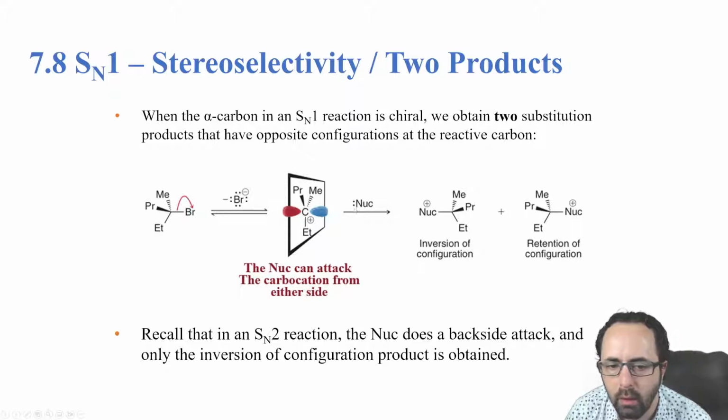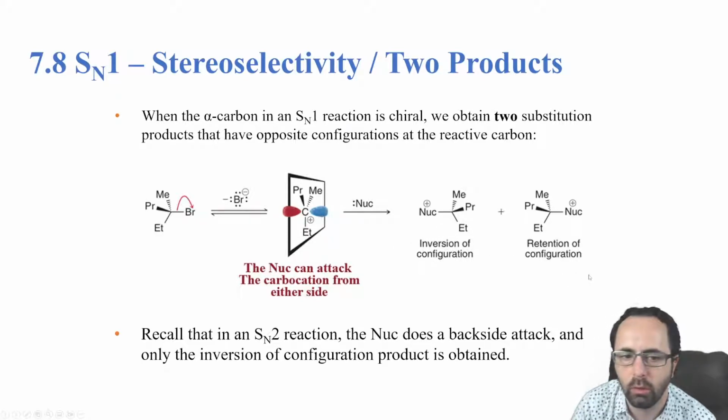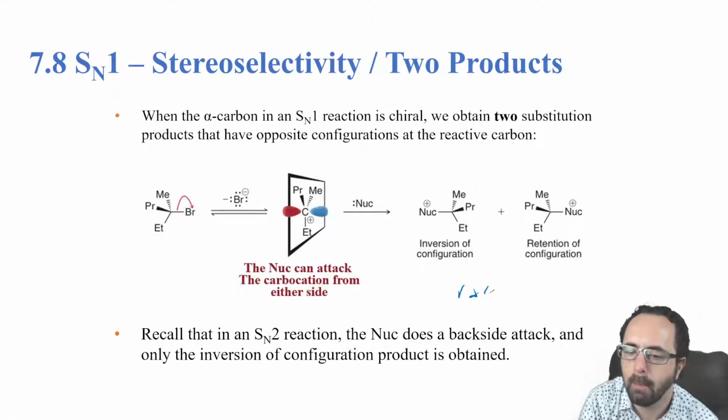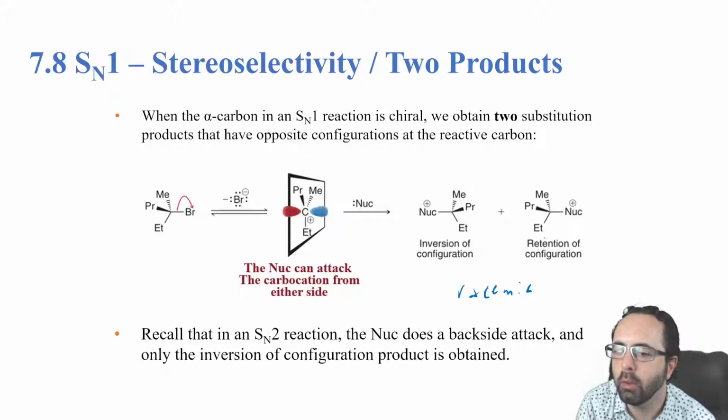And so when the nucleophile attacks, unlike with the SN2 mechanism where the nucleophile can attack only from the backside, here the nucleophile is equally likely to attack from either side. So the big difference between SN1 and SN2 reactions is that in an SN1 reaction, you're going to get a so-called racemic mixture, which is a mixture that has significant quantities of both stereoisomers, R and S.